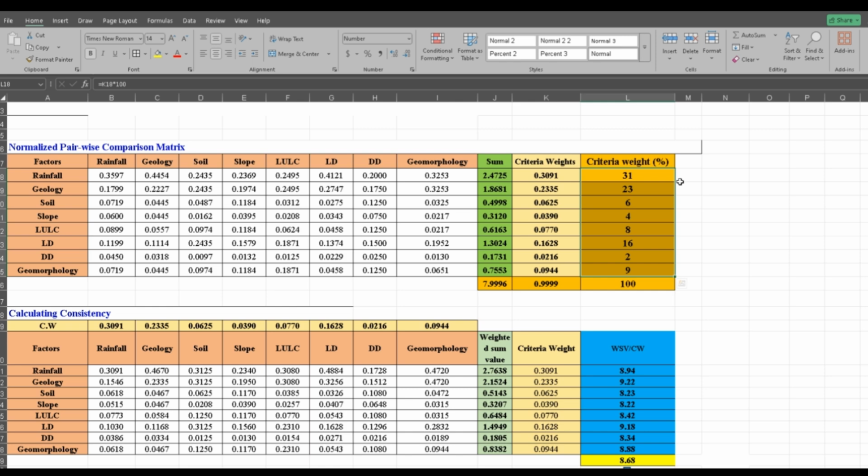Therefore, in order to judge each criterion and assign a Saaty scale value, you have to know your study area very, very well, read different articles, and communicate as much as you can with different experts.